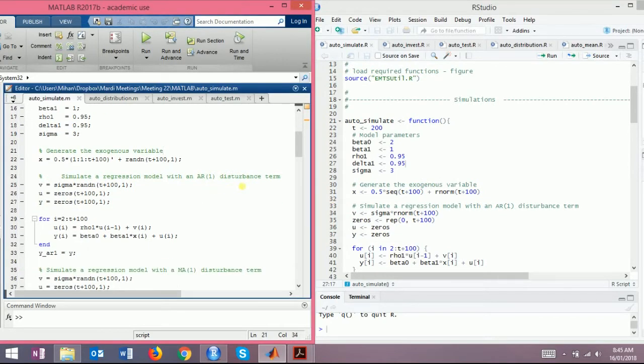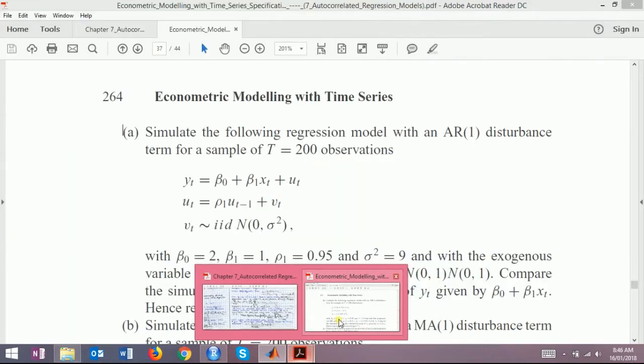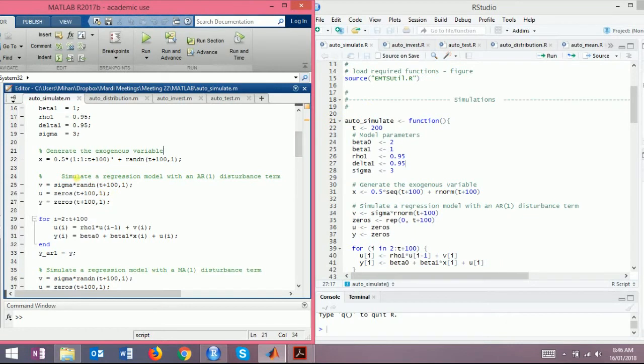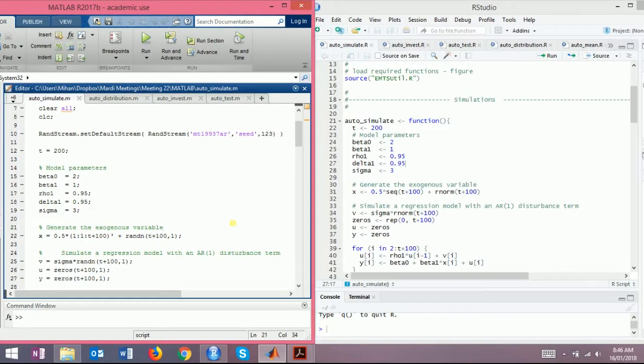Then we are going to generate the exogenous variable. And what was the equation? 0.5 into t, wt, which is 0.5 t is 1 to t plus 100, because we're going to do a recursive estimation here. So we'll create another additional 100, because t is 200.